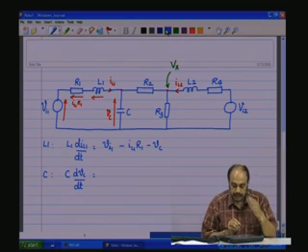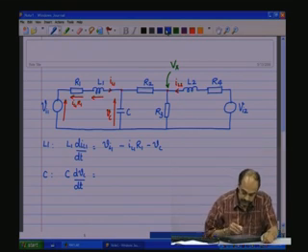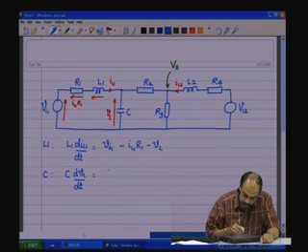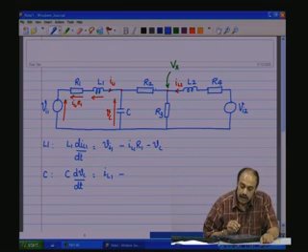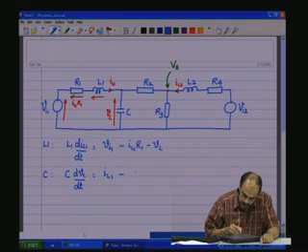So, with this intermediate variable being put there, we have the current through C, which is IL1 minus current through R2, which is Vc minus Vx by R2.